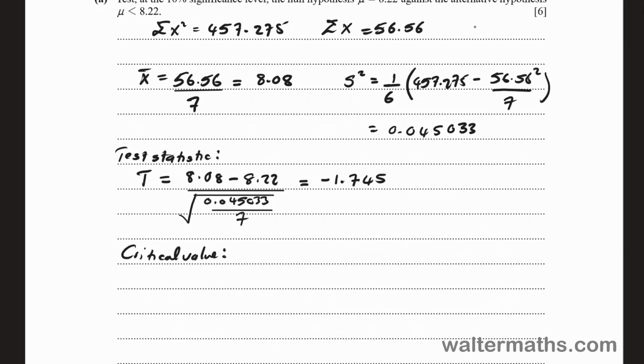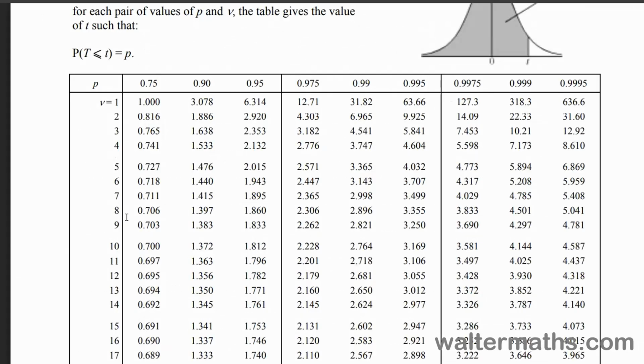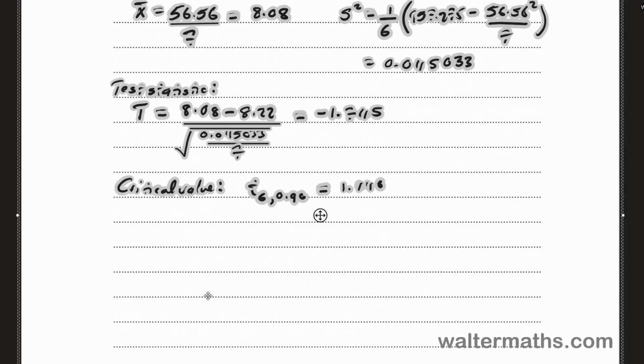Let's look for the critical value. It's a critical t value at 7 minus 1, so 6 degrees of freedom, and a p-value of 0.90. So we're going to go to the tables for this. With 6 degrees of freedom and 0.90, that's basically 1.440.